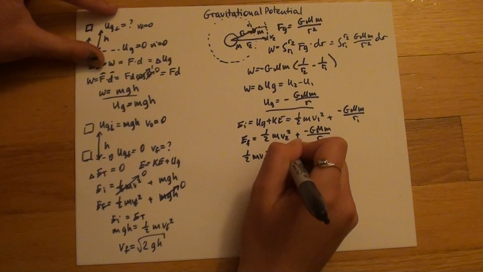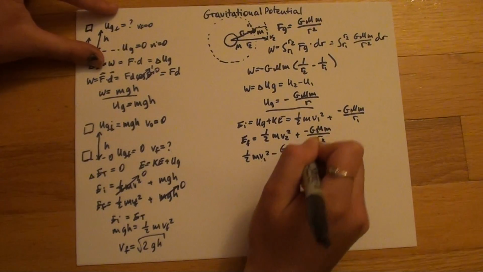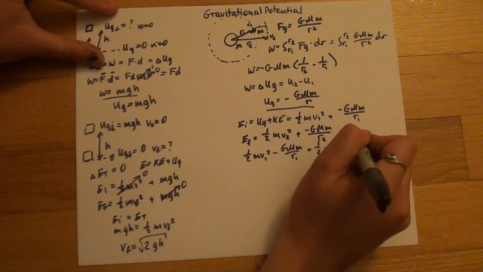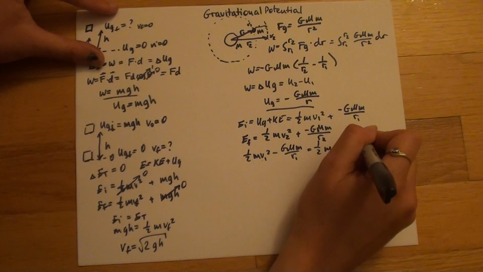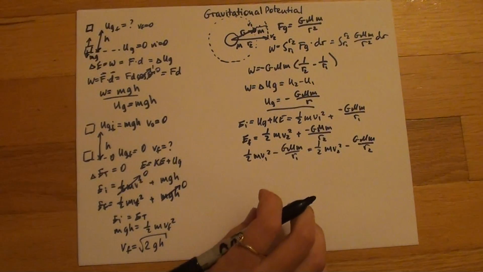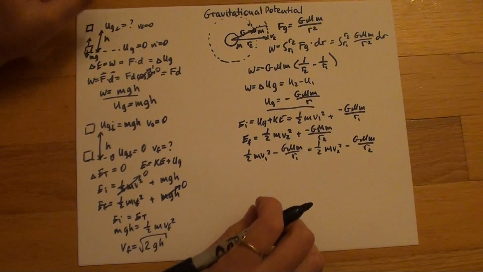So the total mechanical energy does not change depending on the radius you have, right? So these are equal. Okay, so now let's say that we need to find the escape velocity.